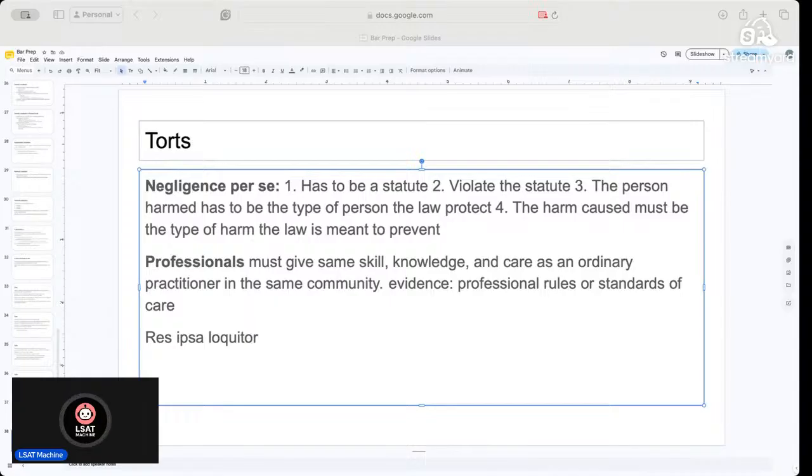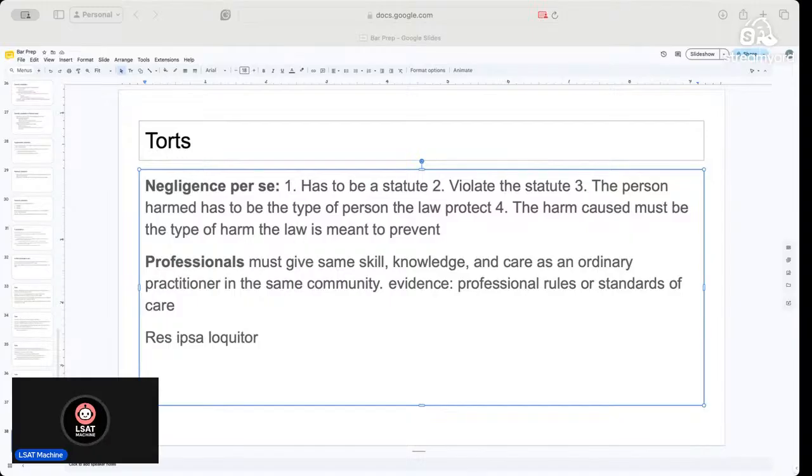Do I remember what exactly the Latin translation is? No, I'll look it up after. But res ipsa loquitur means that the only way something would have happened is someone was negligent.